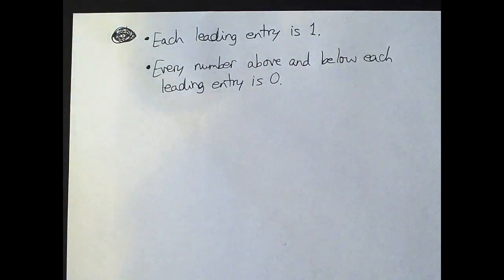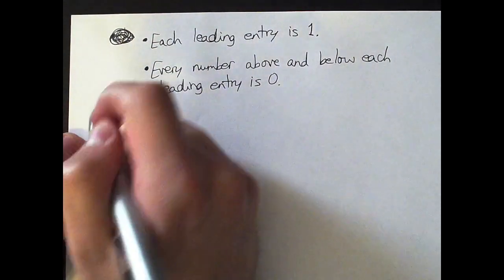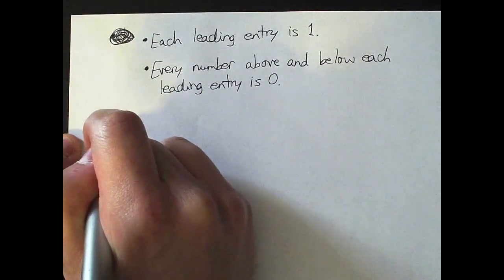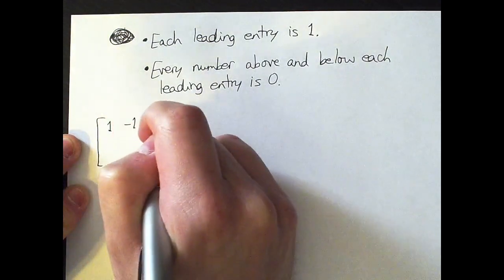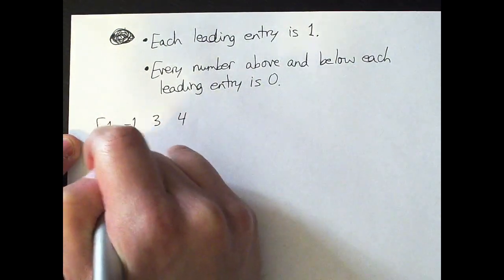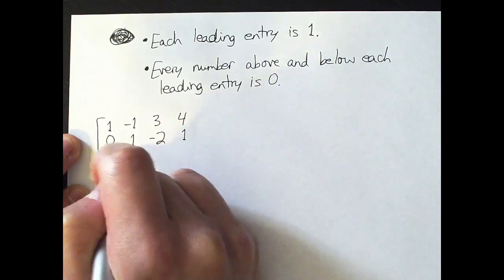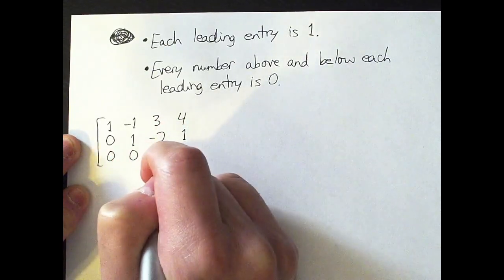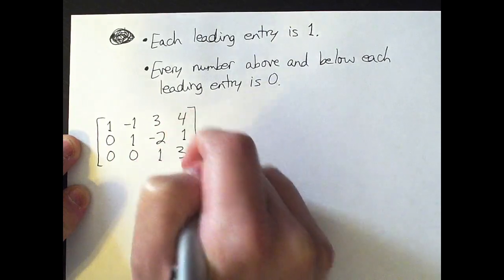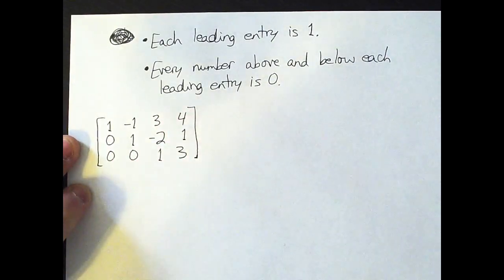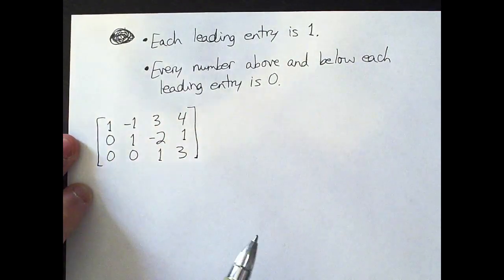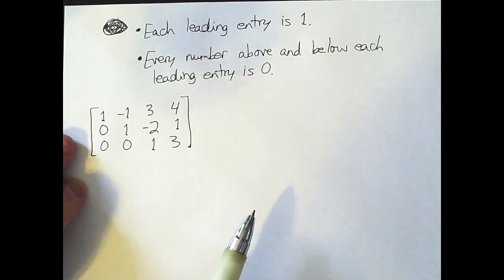Let's start with that matrix. So 1, -1, 3, 4. Let's say we were solving that system. We got to this matrix that represents a triangular system, also known as row echelon form. And let's say we would like to get this to reduced row echelon form.